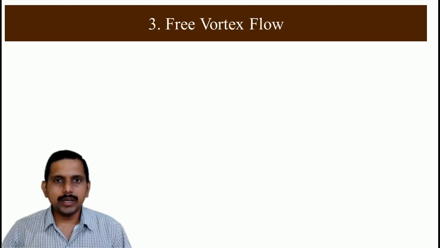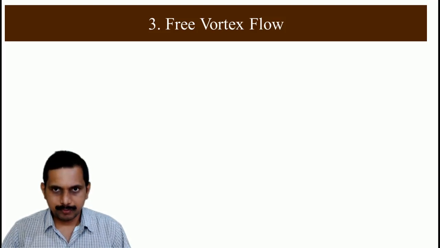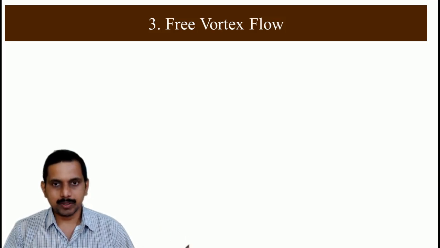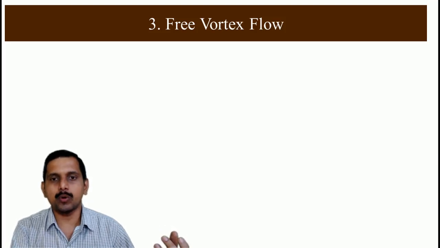Now let us discuss the free vortex flow. Free vortex flow is seen when there is a suction which is created, or maybe a sink which is filled with water and somehow the plug which is stopping the water from flowing is removed.